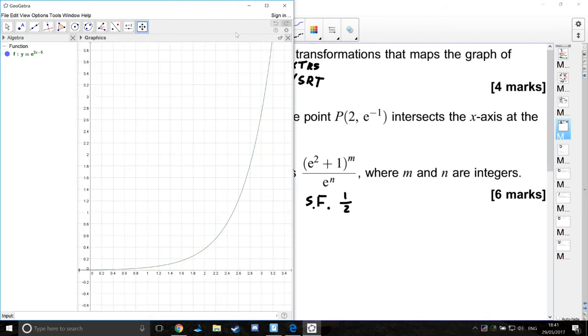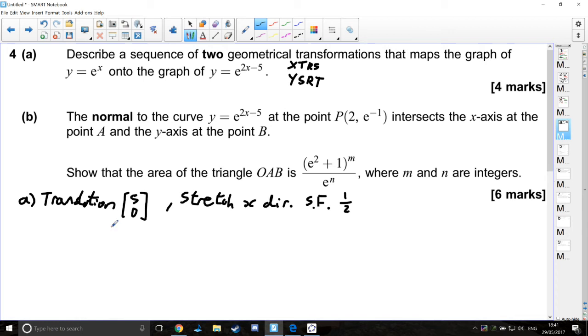So let's make that normal. The normal way to make a normal, no pun intended, is to first come up with a gradient for this function here, so we can get the negative reciprocal of that gradient at that point, which gives us the gradient of the normal.